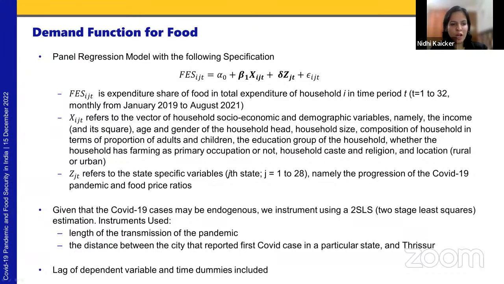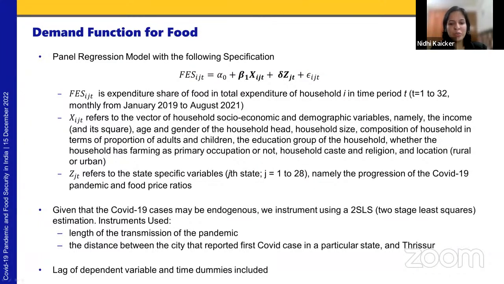X is the vector of household socioeconomic and demographic variables, and this includes the lagged household expenditure per capita and its square, the age and gender of household head, the household size, household caste and religion, the household composition, education, and occupation groups.